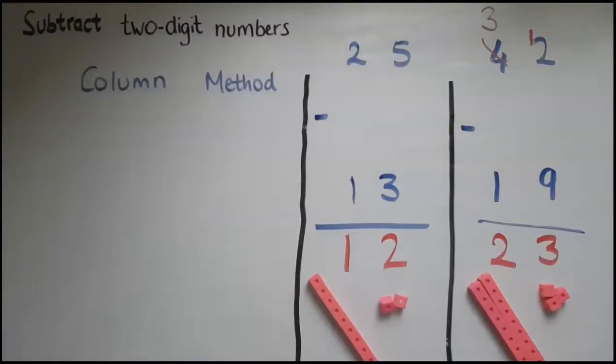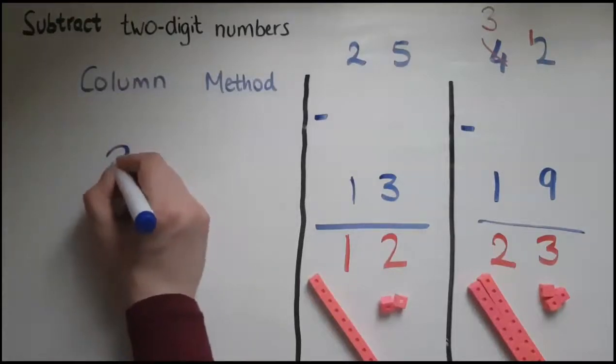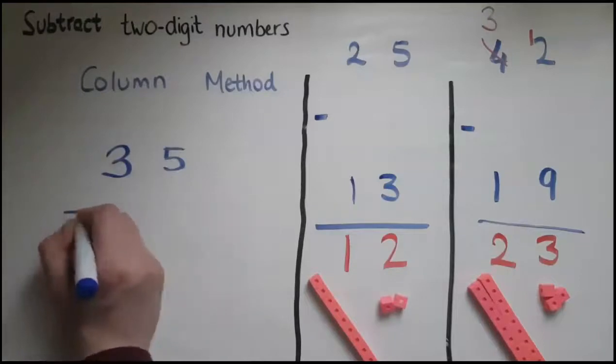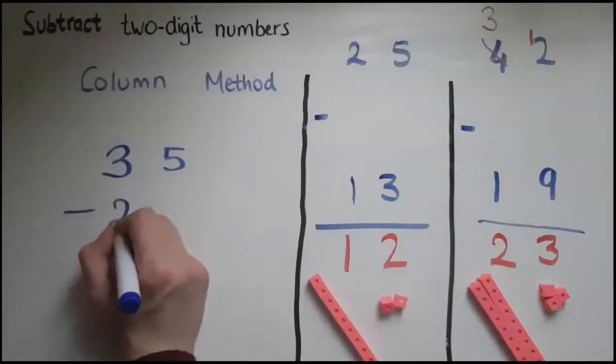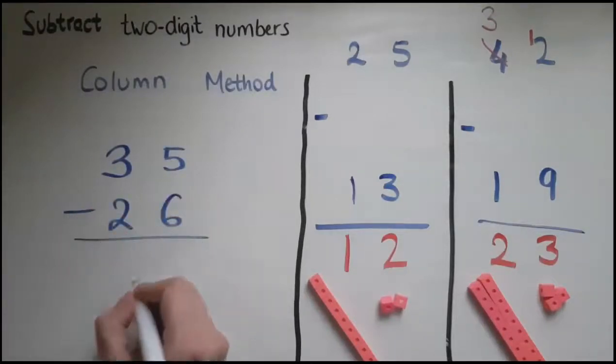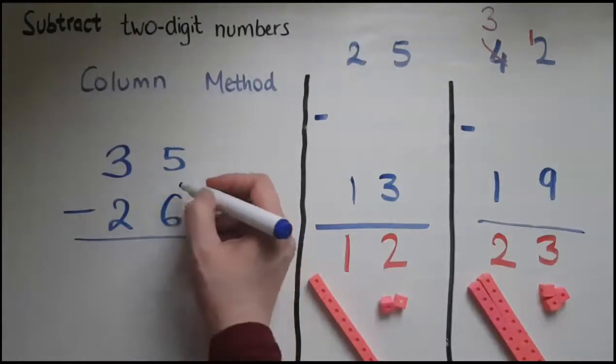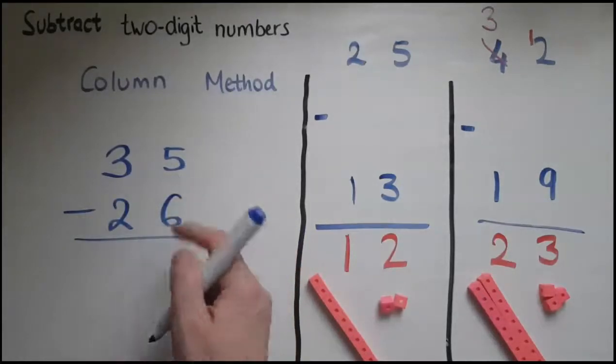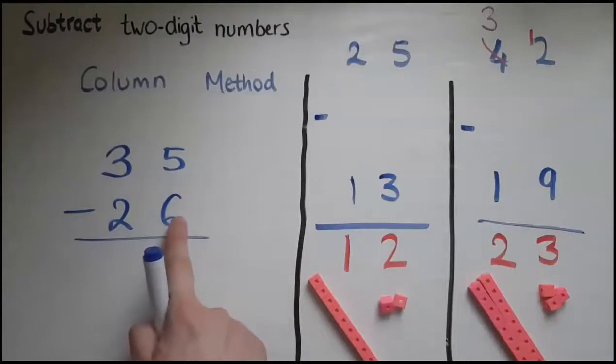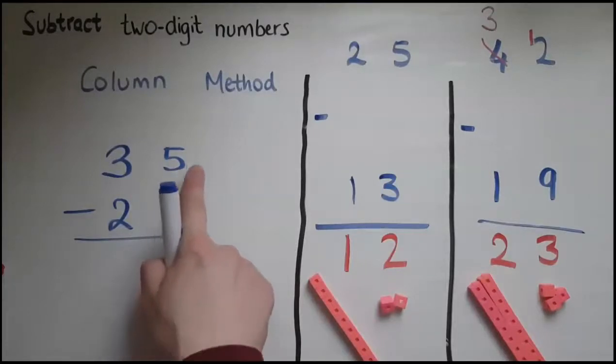So we have 35 take away 26. So we've got 6 to be taken away from 5, but that is not possible because 6 is bigger than 5.